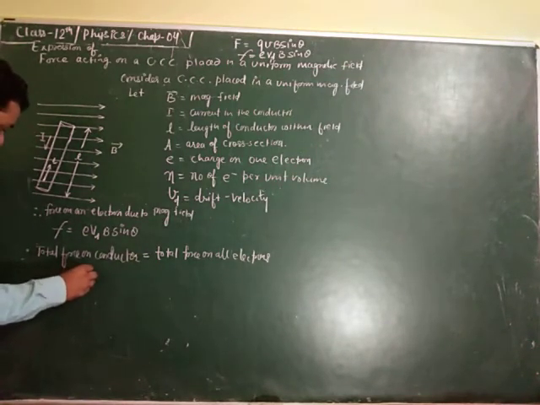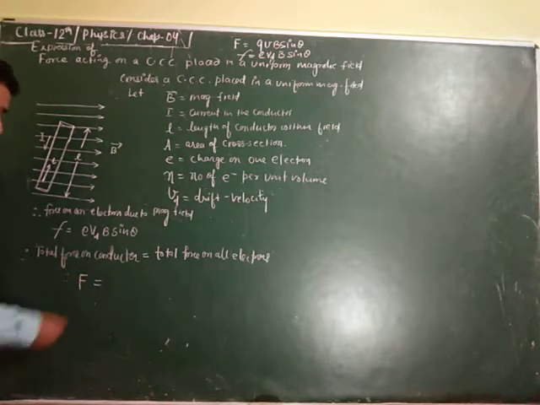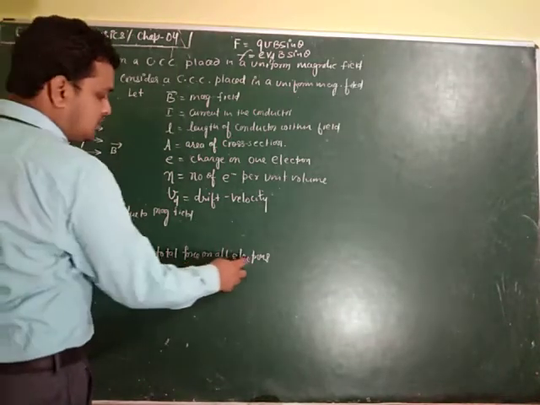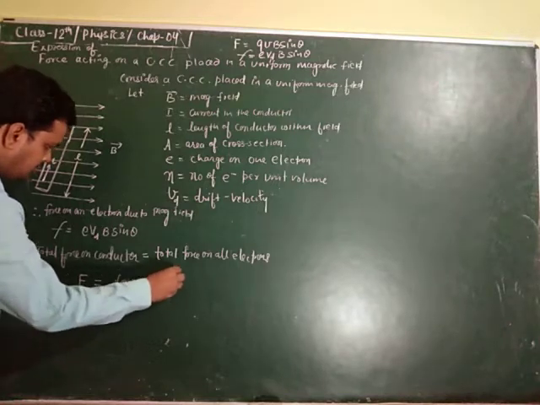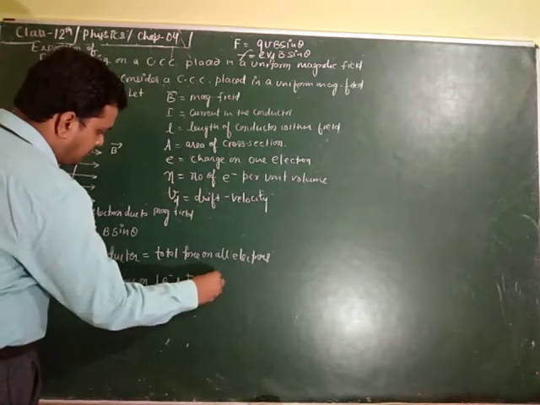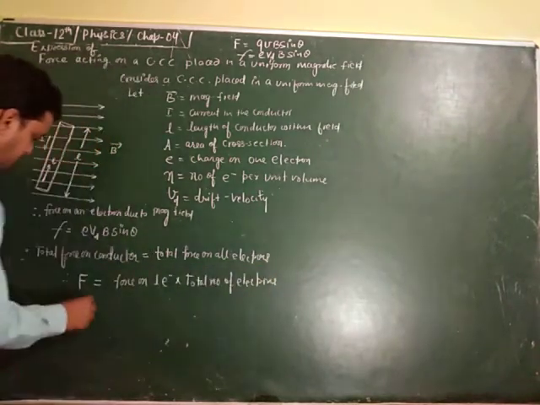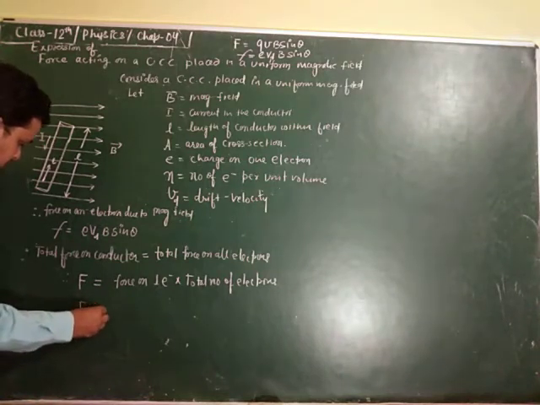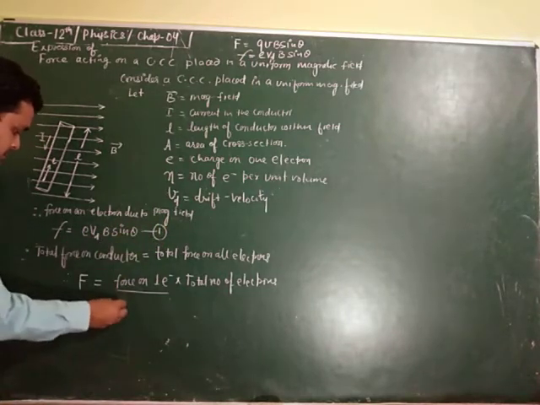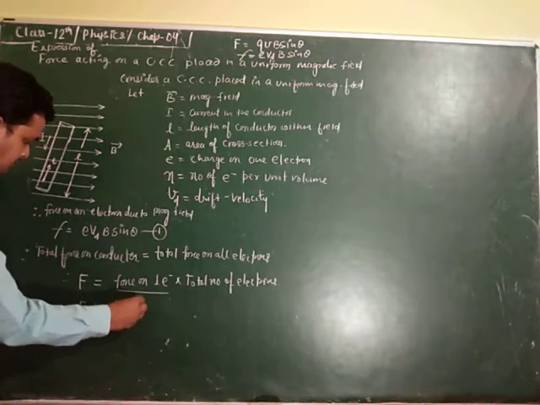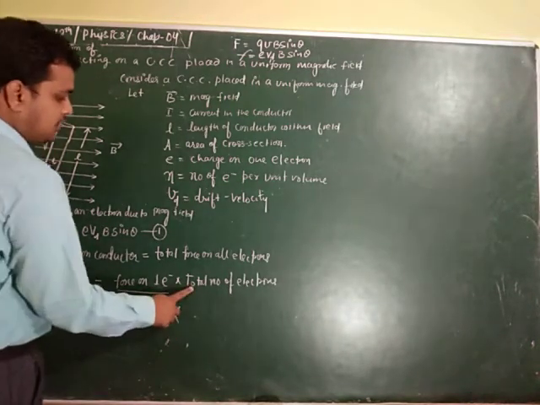So if I consider this F as the total force on the conductor, it must be equal to the total force on the electrons, which we can write as the force on one electron multiplied by the total number of electrons. How can we calculate the force on one electron? We have already calculated it here. This is equation number 1. Let it be e v_d B sin theta.